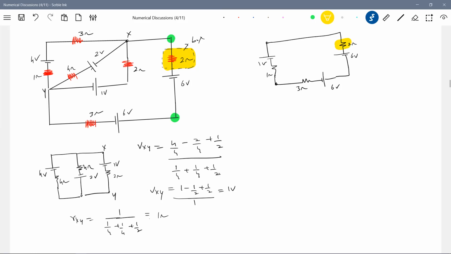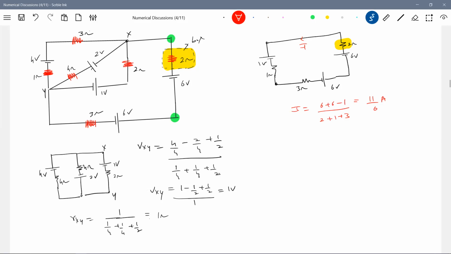This was the box. The current, in fact, will flow like this. So I is equal to (6 plus 6 minus 1) by (1/2 plus 1 plus 3), which is 11/6 ampere.